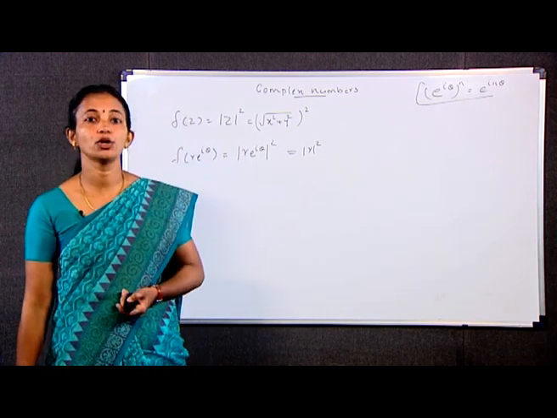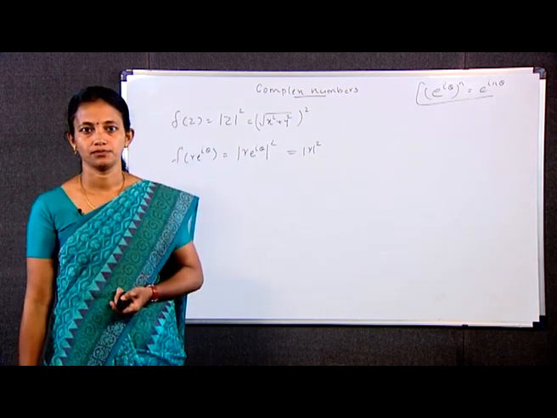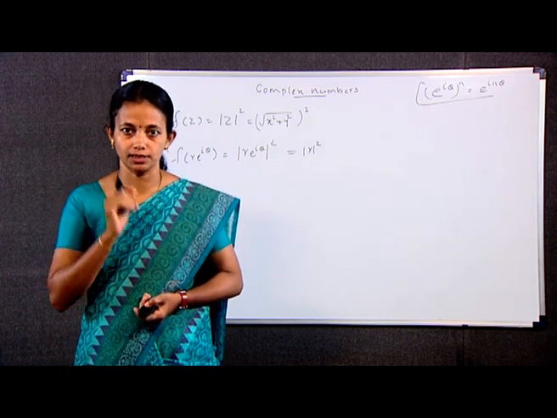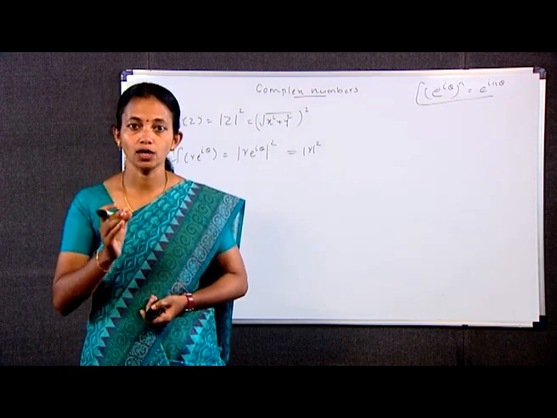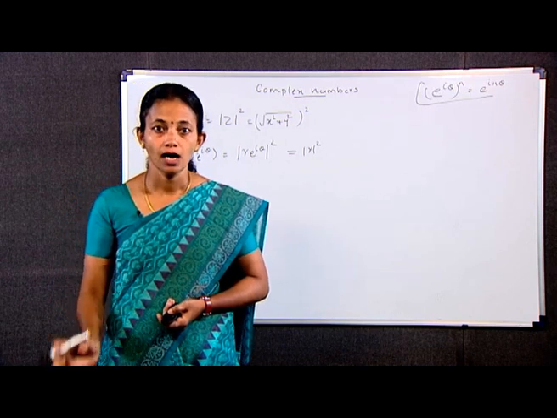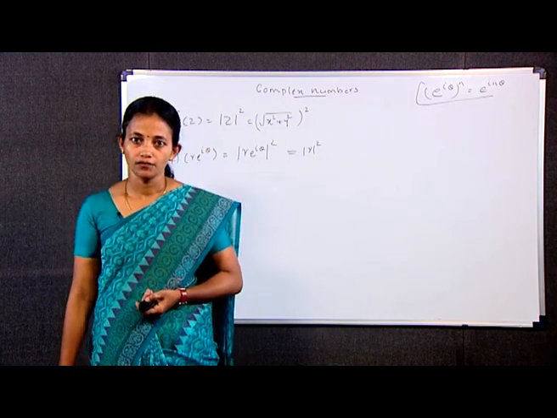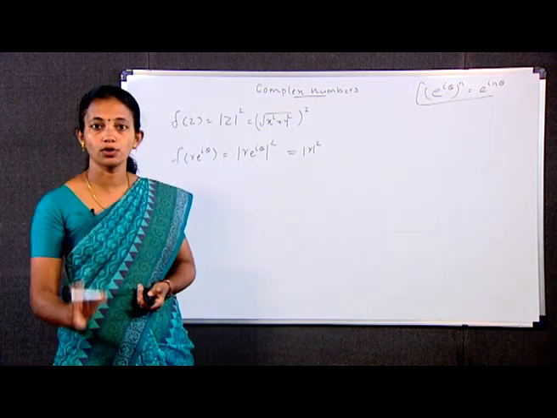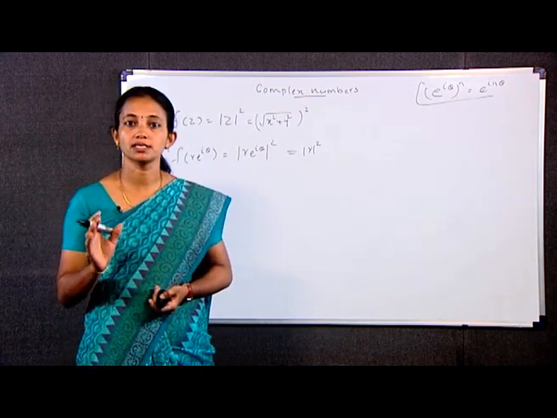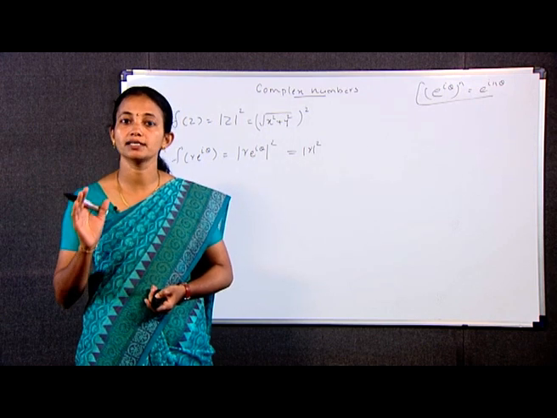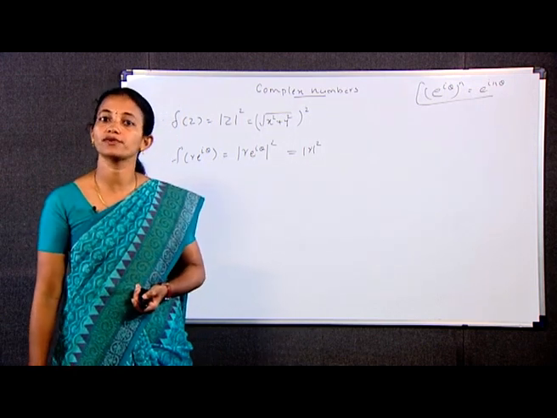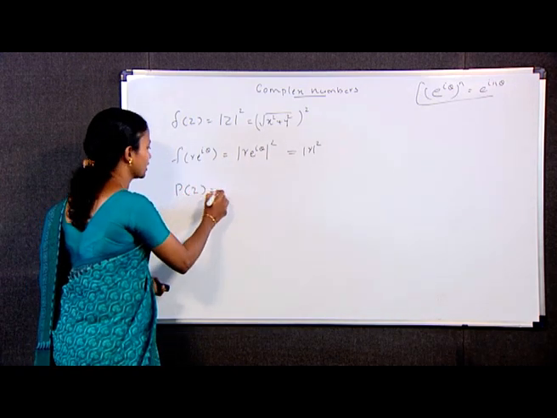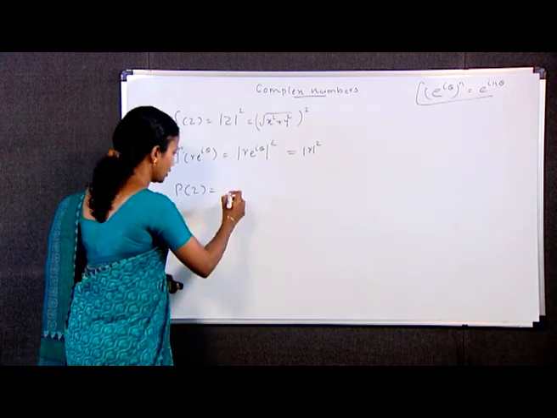Next we have polynomial function. If n is 0 or a positive integer, and if a0, a1 etc. an are complex constants where an is not equal to 0, the function p(z) is equal to a0 plus a1 z plus a2 z square etc. plus an z raised to n is a polynomial of degree n, that we all know.